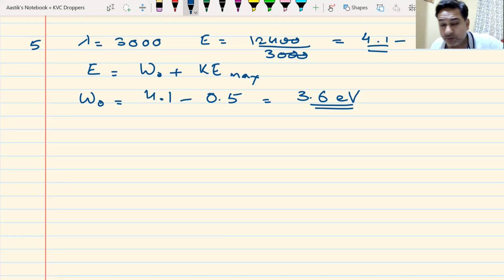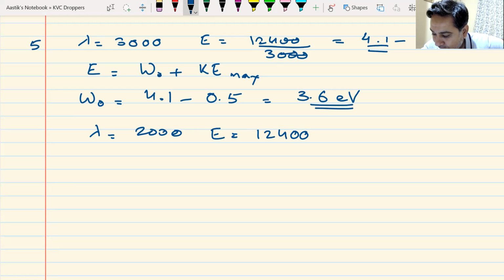That's it. Now we have to find out how much energy I have at 2000 wavelength. So I write the wavelength as 2000 Armstrong unit. I will not waste time writing the unit. I will just calculate the energy: 12,400 divided by 2000. Yes or no? 6.2.